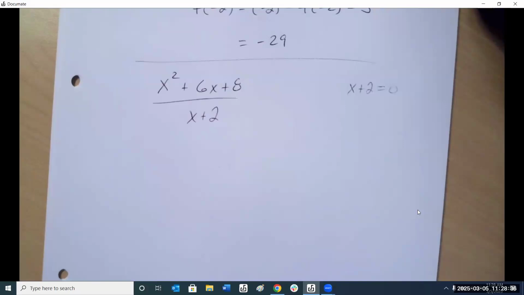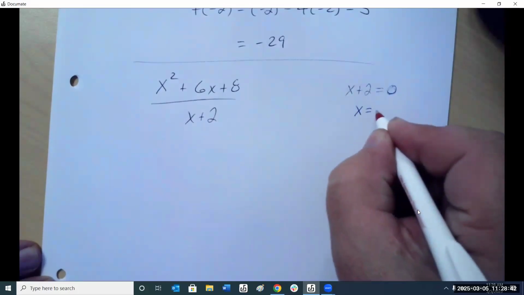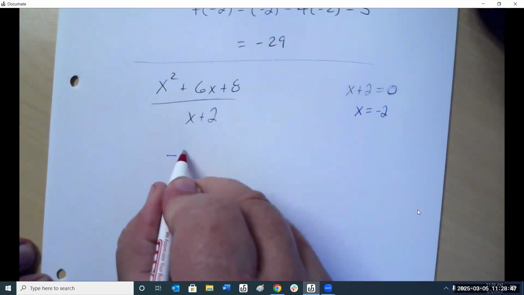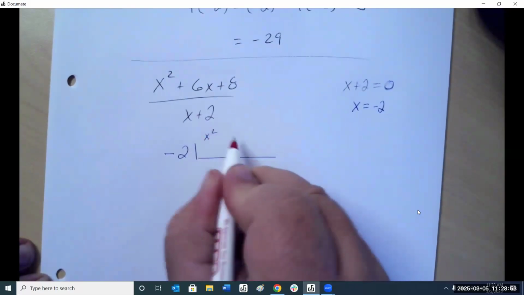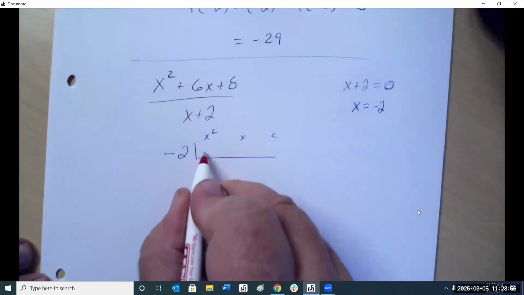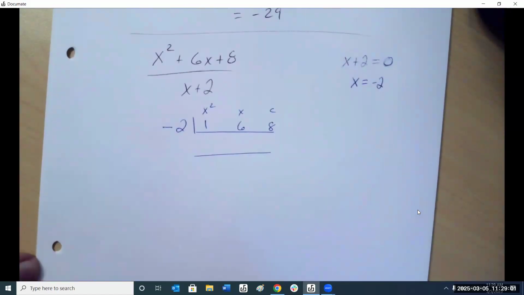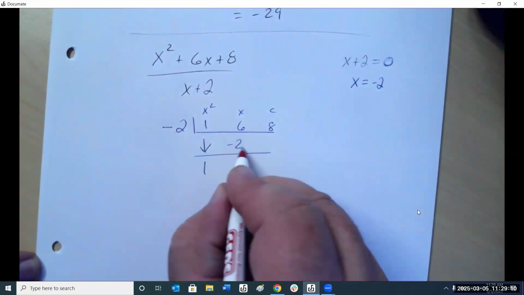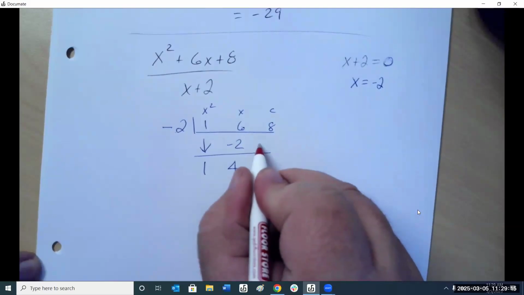So we have x equals -2. So our synthetic division, the highest exponent is x squared, x, and a constant. I like to put those up there so I know what I'm looking at. 1, 6, 8. So -2 times 1 is -2. 6 minus 2 is 4. -2 times 4 is -8.